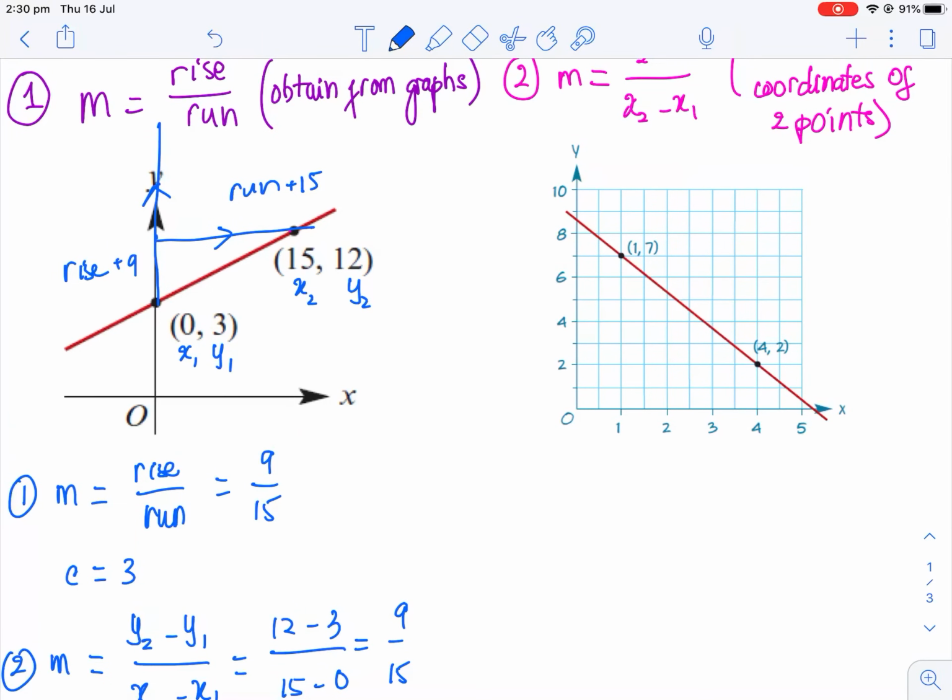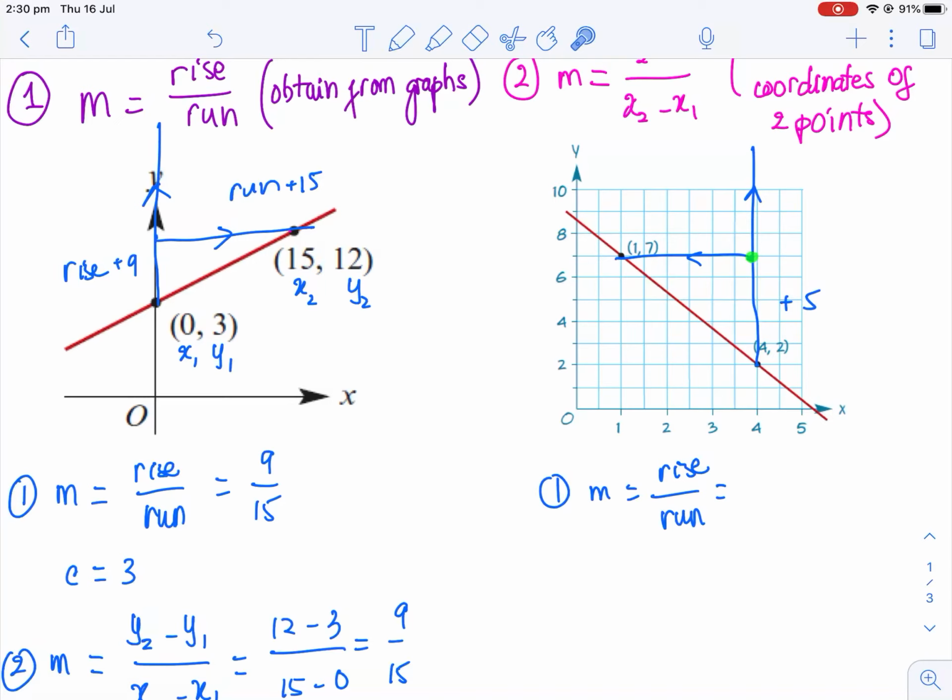Let's check it out with the second example. First, you're going to use m equals rise over run. Here, you rise from this point up, how many units? And then you run from here to here. So you rise from 2 to 7, which is 5 units, positive 5 units.